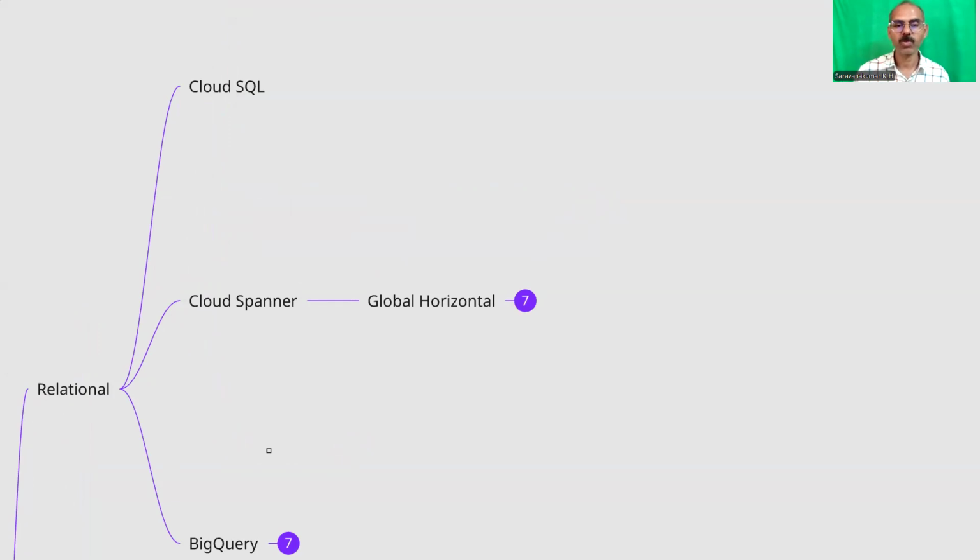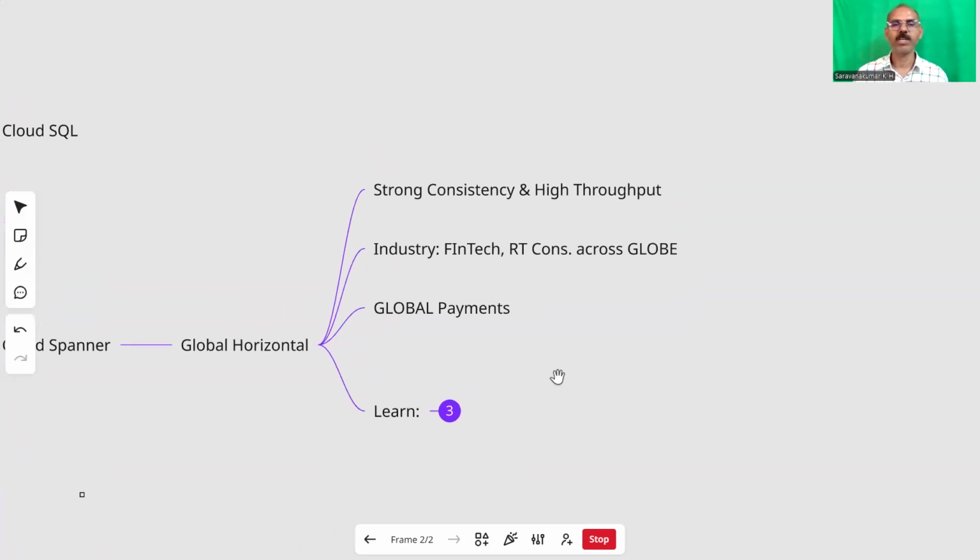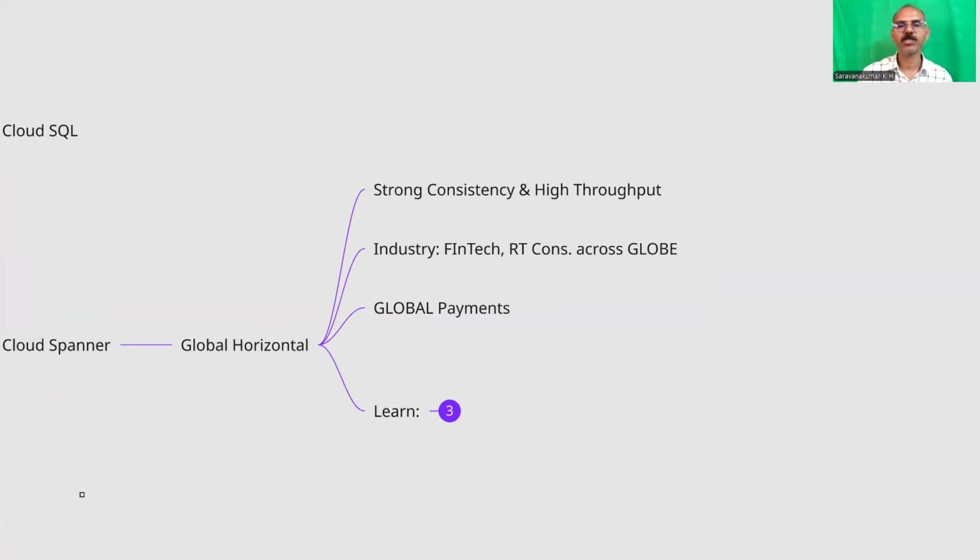It is a horizontally scalable global database that gives you very strong consistency, ACID transactions, and high throughput. It is mainly used in fintech and real-time, consistent use cases across the globe, for example global payments.